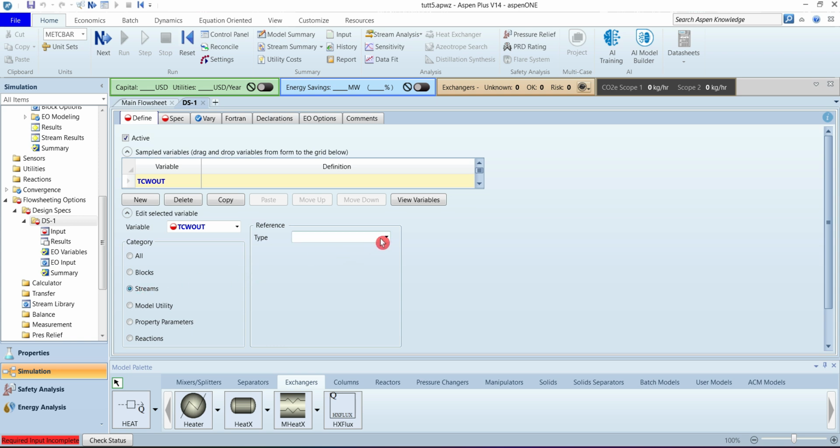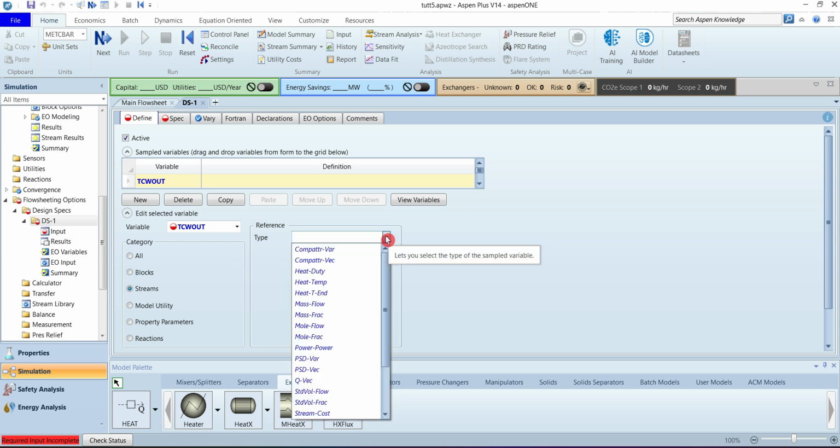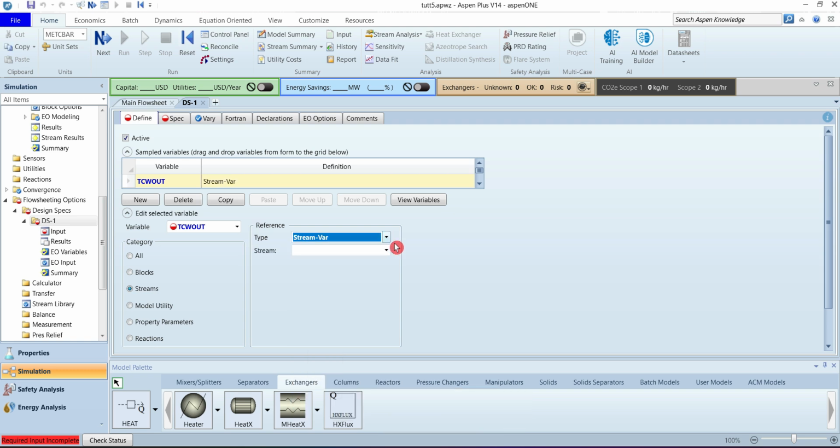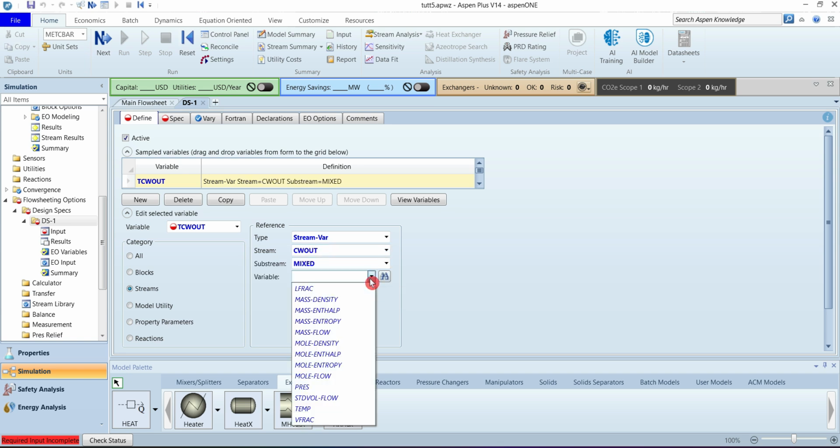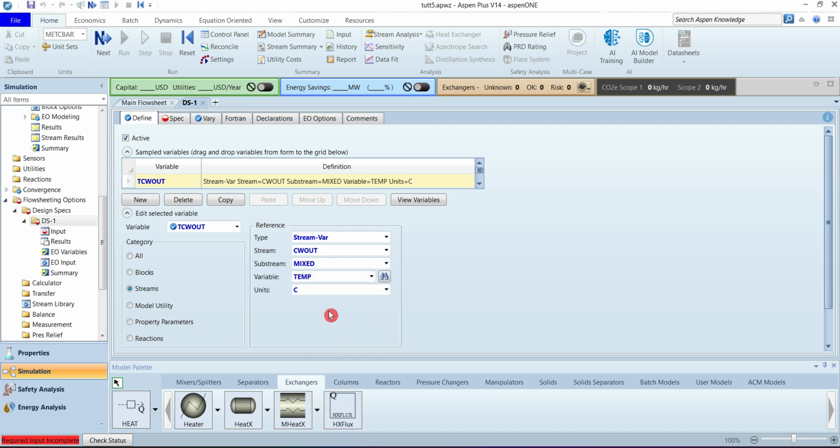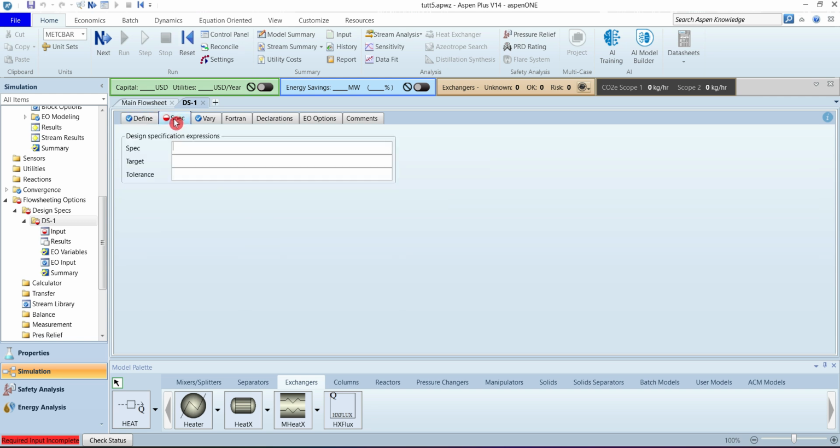In the options on the right under reference, what is the type? It's a stream variable. Go to stream variable, which is near the bottom. The stream that we are talking about is CW out. We are trying to fix the temperature of CW out, and the variable is temperature, in this case in degrees Celsius. So we have defined the variable for the objective function, and let's move to the specs block.